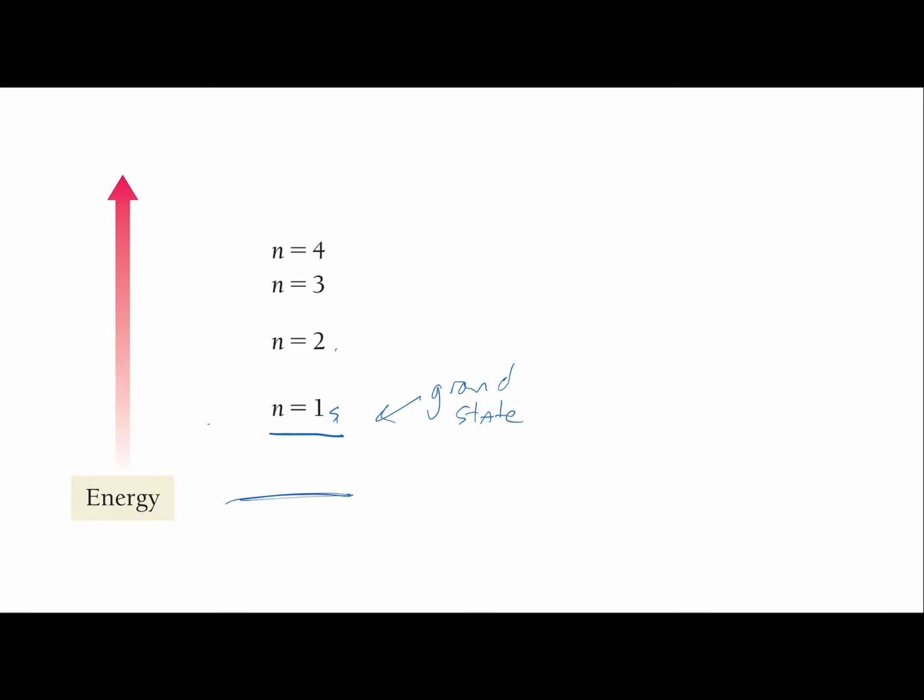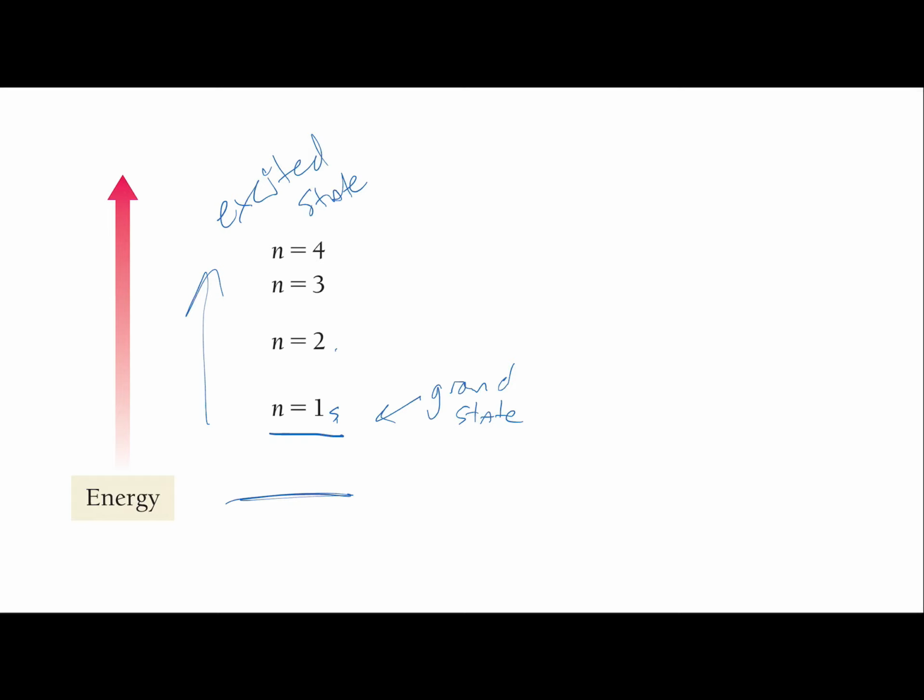Now, the absorption of energy by the hydrogen atom can cause this electron to jump or make a transition from the 1s into a higher state. And if it jumps up, we're going to say it's in an excited state. All of the elements have one ground state, but they can have many excited states.